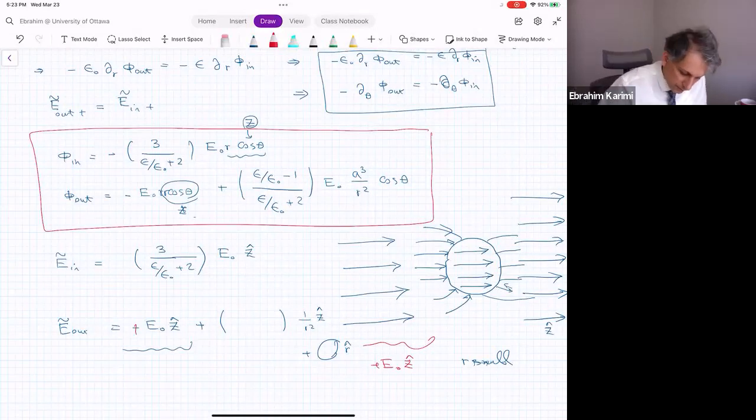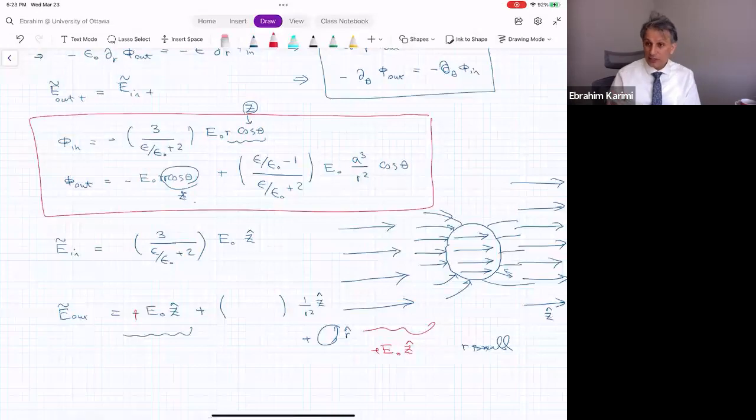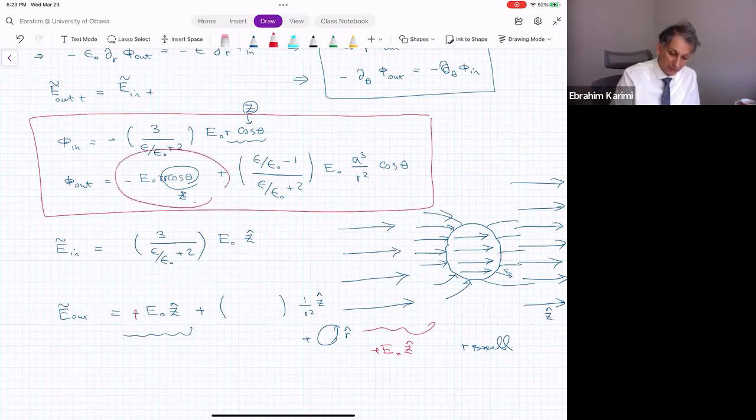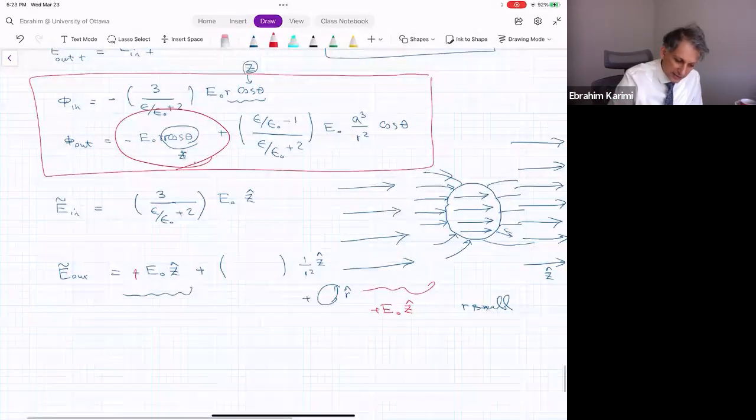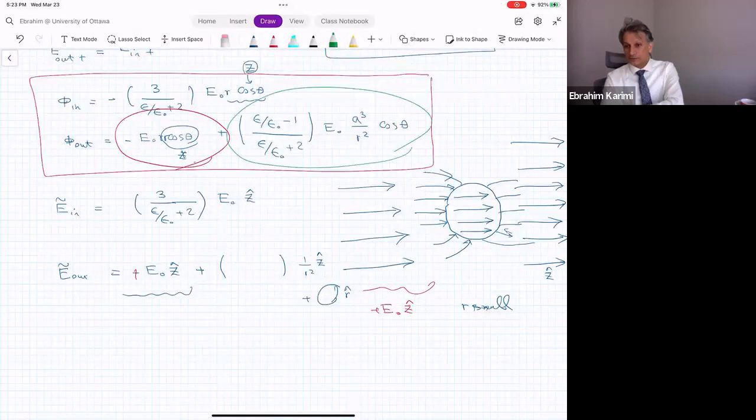So without that sphere, what is the contribution of the electric field? Is that term only playing a role? Now, if you place the sphere inside, that second term appears in the calculation of the potential and also in the calculation of the electric field.